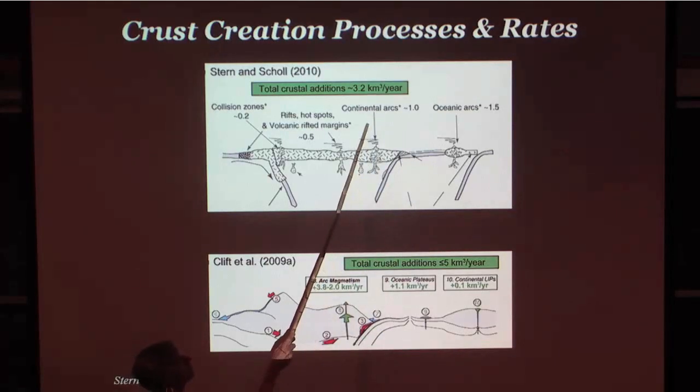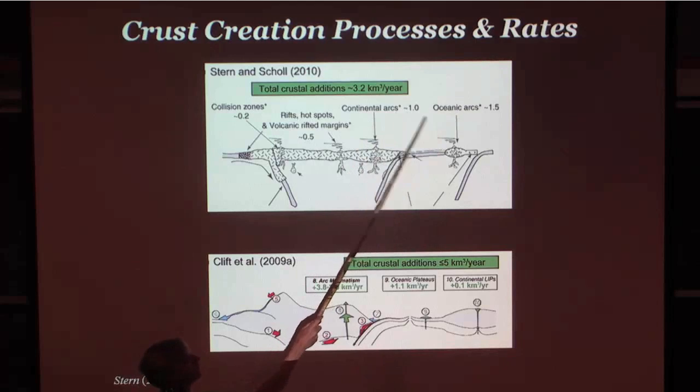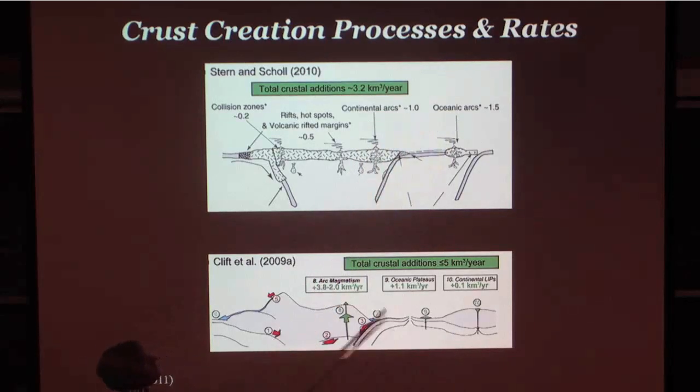So in this case, they think that it's about 2.5 cubic kilometers per year, comes out of continental arcs and oceanic arcs, and then there's a wee bit of other random processes. And then basically the same thing from this study by Peter Clift, except that the rate is basically double what was inferred in this study. So one of the first things to recognize is that we don't know, to within at least a factor of 2 or so, what is the volume or the flux of arc magmatism globally. That's a problem.